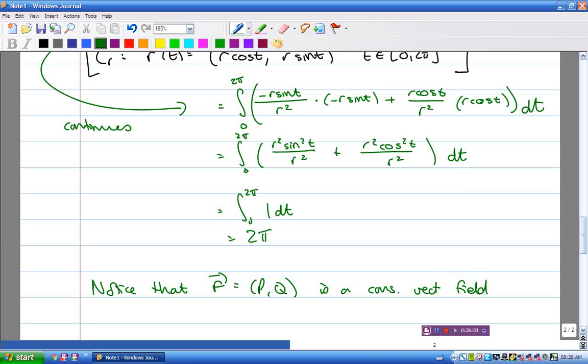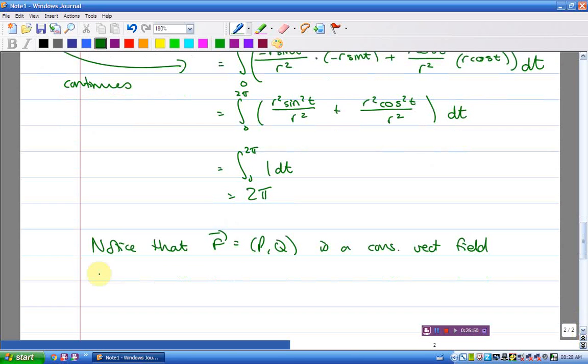We expect the work done along a closed curve in a conservative vector field to be 0. But the exception to that is if the components of the vector field are not fully defined throughout that region, in which case you have to do this funny little curve story.